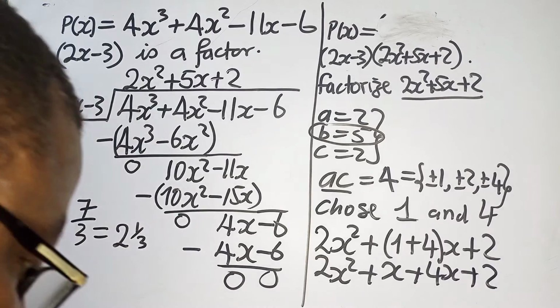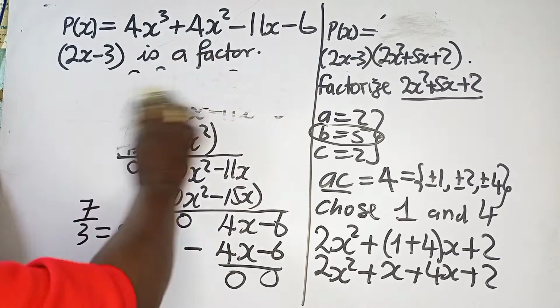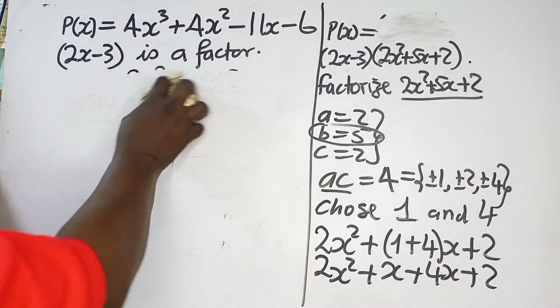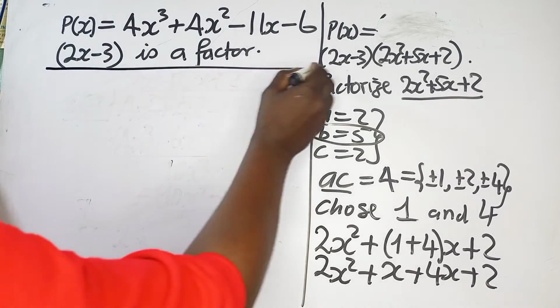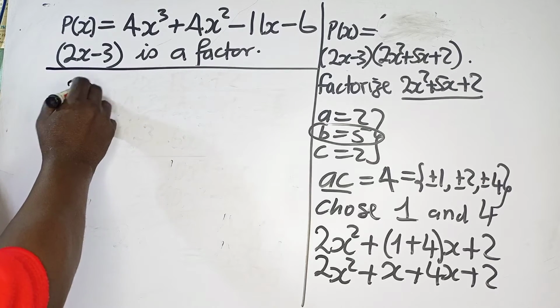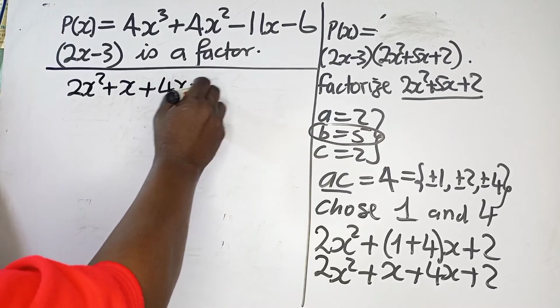All right, now let's proceed this way. Let's write the expression again. 2x squared plus x plus 4x plus 2.